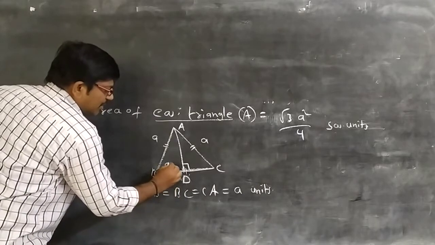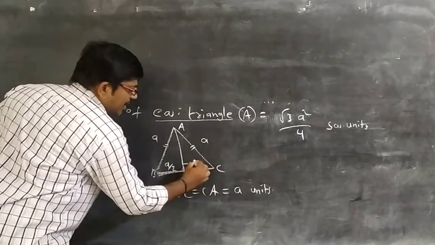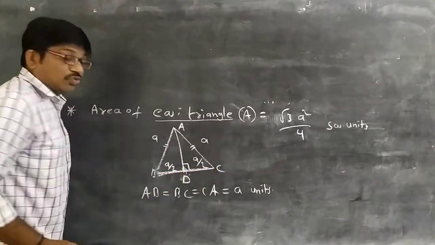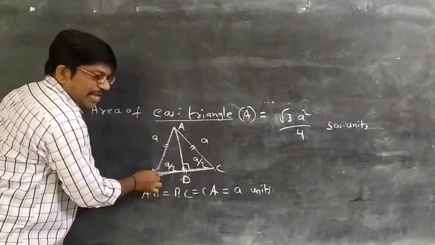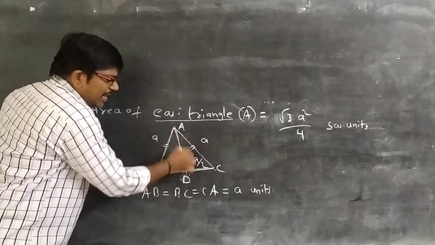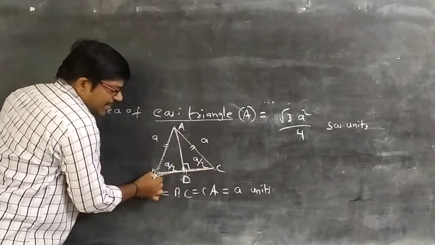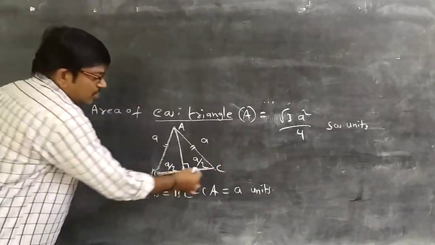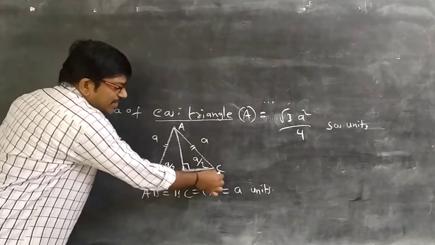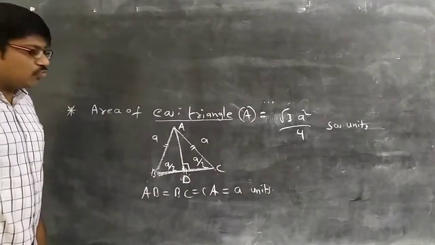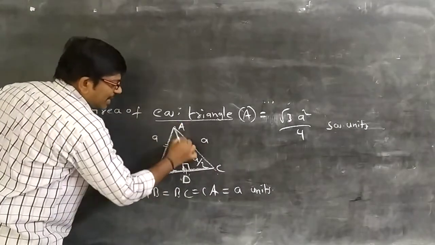BD is A by 2, and what about CD? It is also A by 2, right? So here the median AD is perpendicular to the base, and AD divides BC into two halves. So the total is A units, BD is A by 2 and CD is A by 2, right?